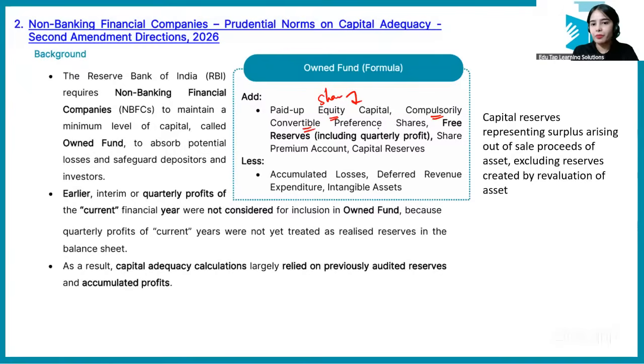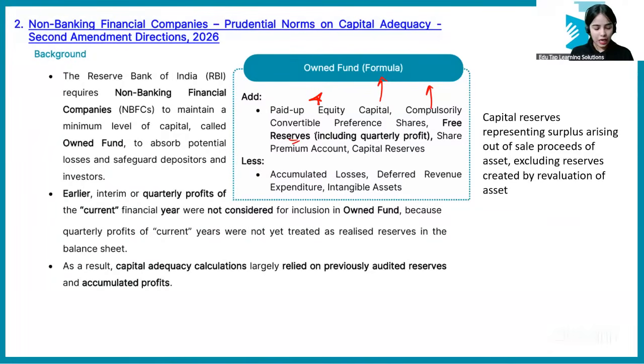Compulsorily convertible preference shares, the preference shares that will be converted into equity, are also basically the money belonging to the company now, because the company has got the money from the shareholders for the shares that people have purchased. The money has been invested in the company. So paid up equity capital is the shareholders' capital invested in the company, and compulsorily convertible preference shares will be converted into equity shares.